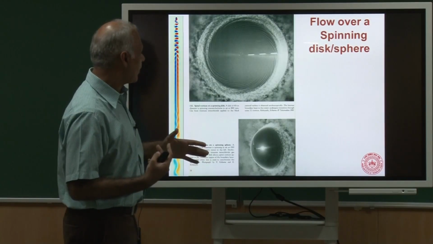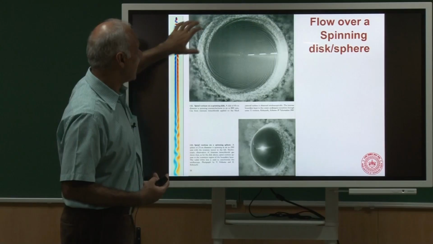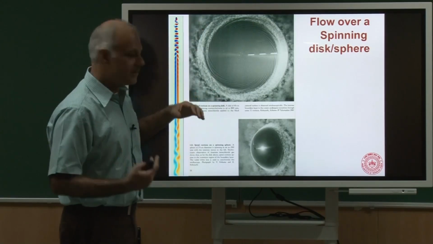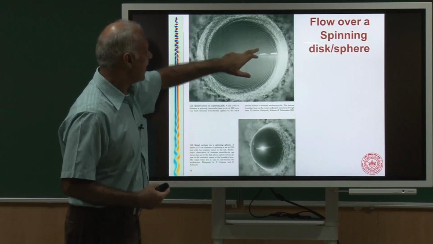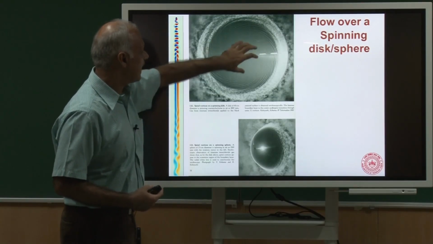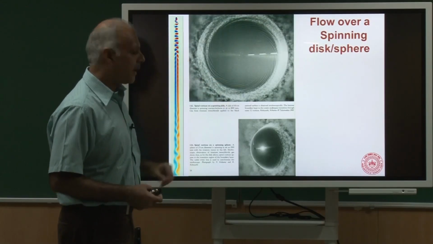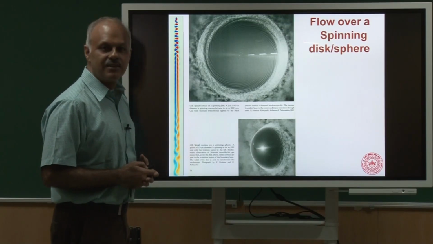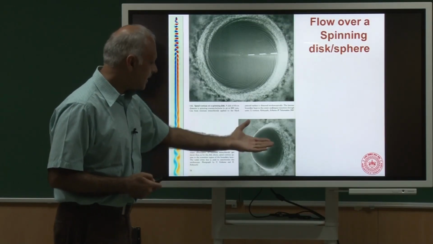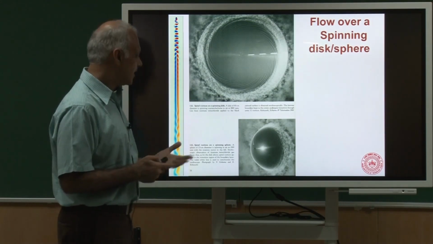Okay, and what will happen is that the speed of this fluid is larger because it is moving with the turntable, and this speed is lower, and you get this very nice instability where the flow here is laminar and the flow outside is turbulent, and you get these spiral kind of waves. And a similar thing happens in a spinning sphere, and if you had a spinning cricket ball, for example, you would see these very interesting instabilities.